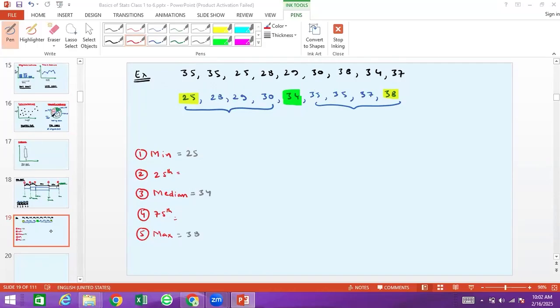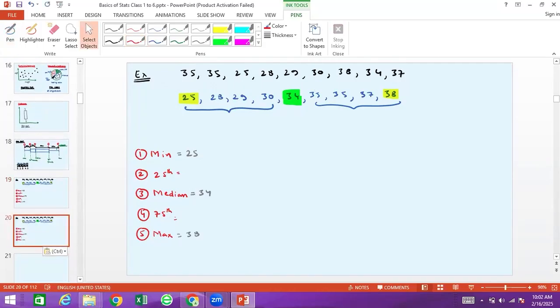Okay, so this much is there. Then what we need to do is find the middle value of this and the middle value of this.